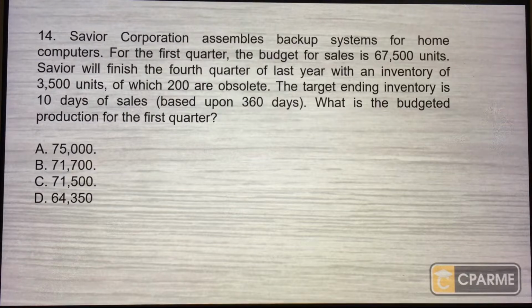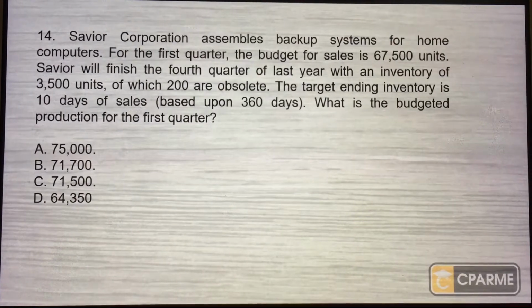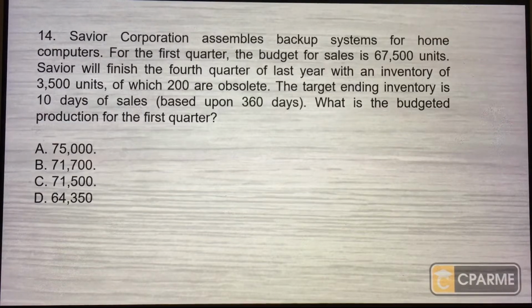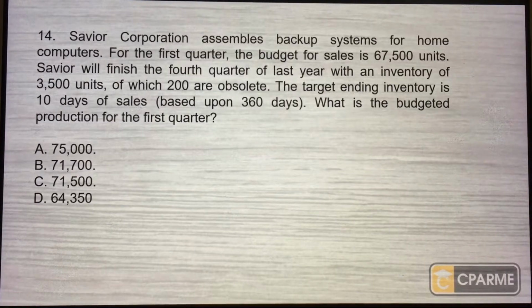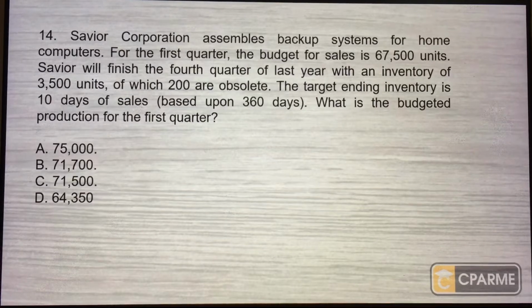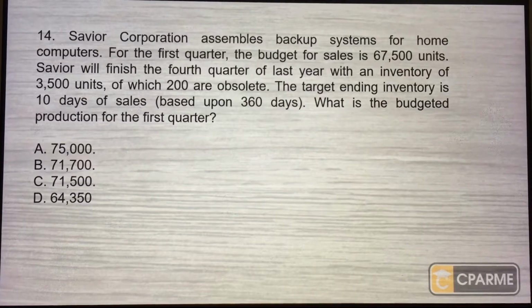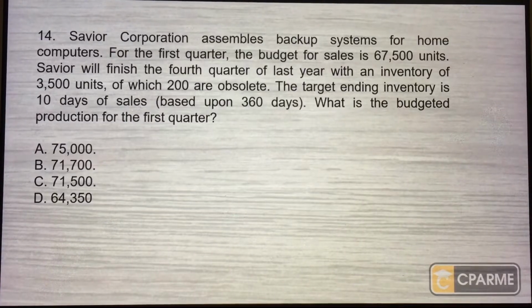Since what is given here is 67,500 units for the first quarter, we can determine that the target inventory constitutes the 10 days of sales. So 67,500 divided by 90 so that we could get the per day sales, and then multiplied by 10 in order to get the 10-day sales, which represents the target ending inventory, which should be added to 67,500 less 3,300 units.